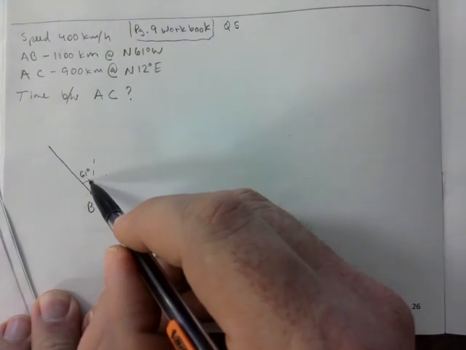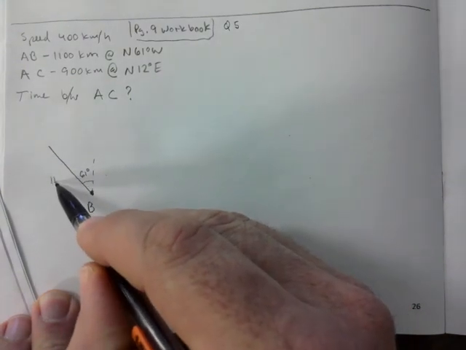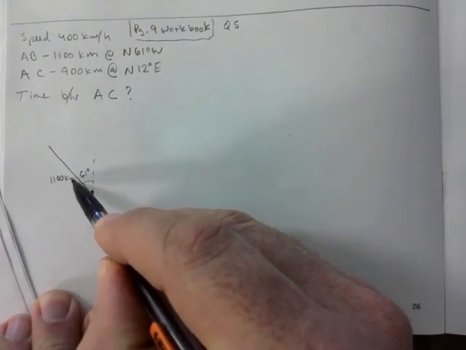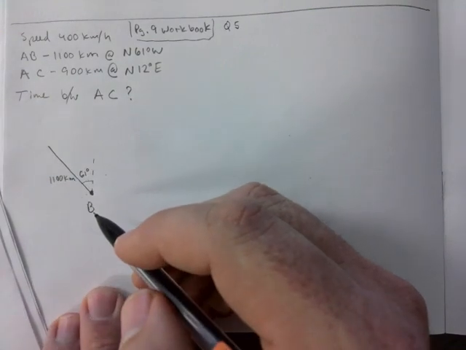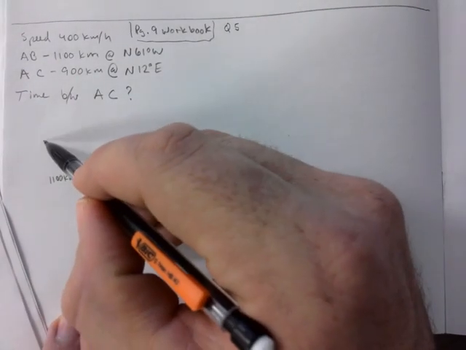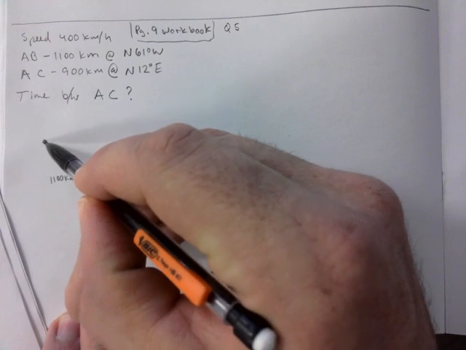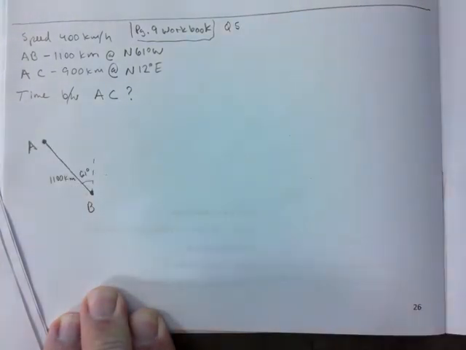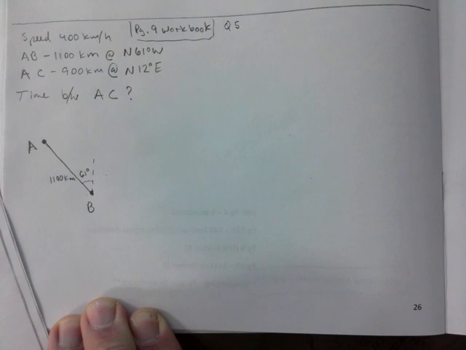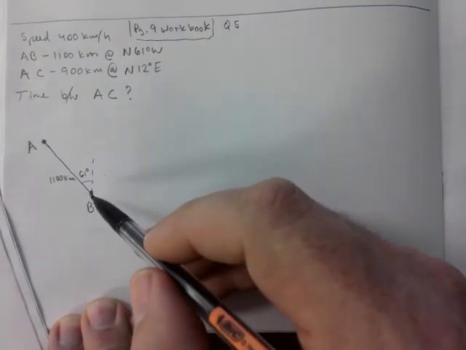So this direction, at a distance of 1,100 kilometers, we would find Allenburg. Okay, so we call this A. And Allenburg to Sherbrooke is 900 kilometers north, 12 degrees east. Okay.